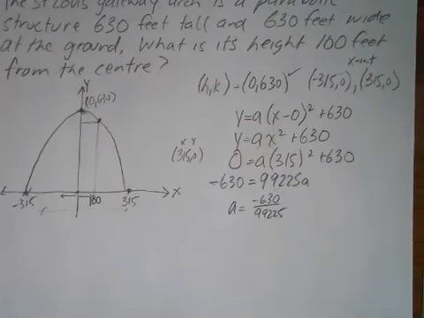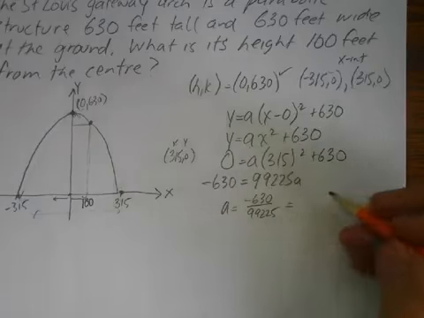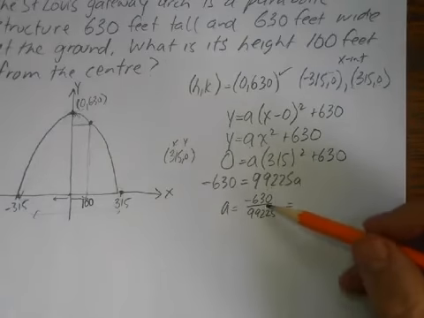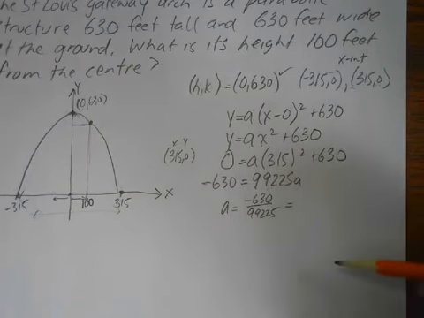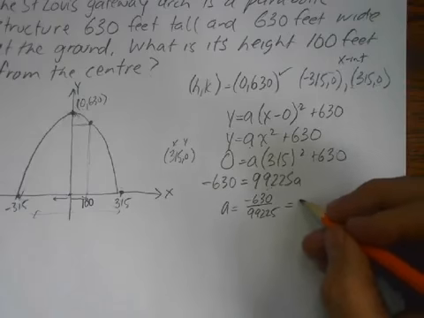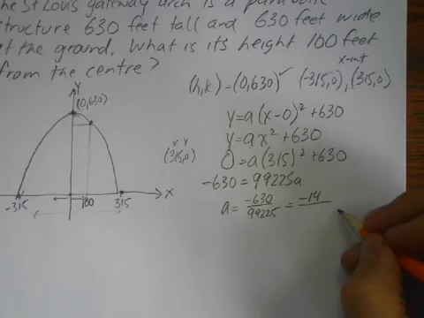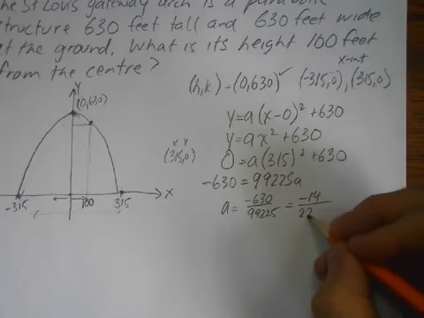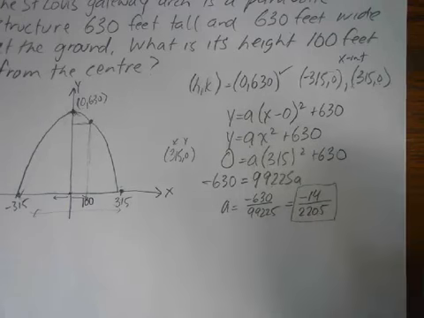That's a pretty ugly looking fraction, but you can actually reduce it. The first thing you can see easily is it divides by 5, and then they both divide by 3 twice again. So this reduces to something a little nicer to look at, negative 14 over 2205. Okay, so that's our a value.